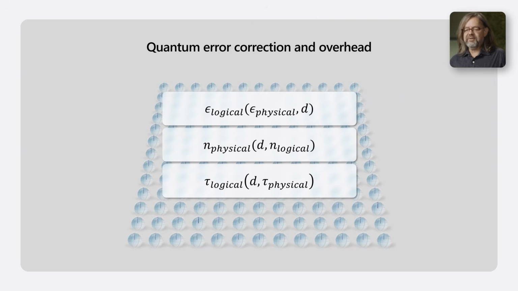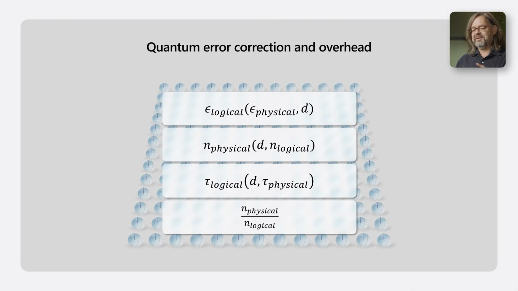And with that, we can now calculate the overhead, how many instructions do I have at the physical level compared to the logical level. And that is the product of the space overhead and the time overhead. The space overhead is the physical qubits divided by the logical qubits.